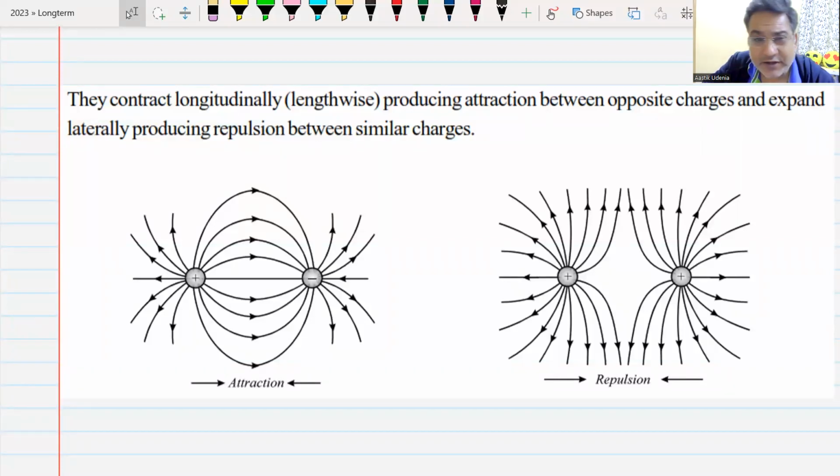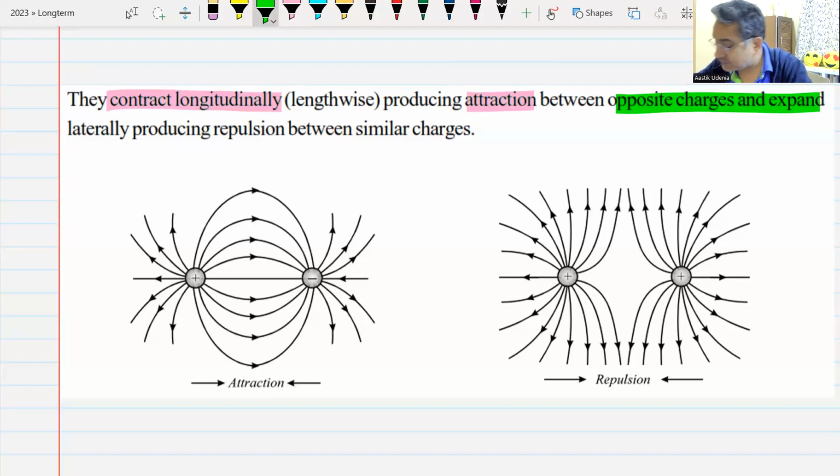Then why do unlike charges attract and like charges repel? We can explain it by the concept of electric field. Electric field lines, in the longitudinal, lengthwise direction, can contract, and that is why they produce attraction between two unlike charges, whereas in the lateral direction they expand, which produces repulsion between two like charges.